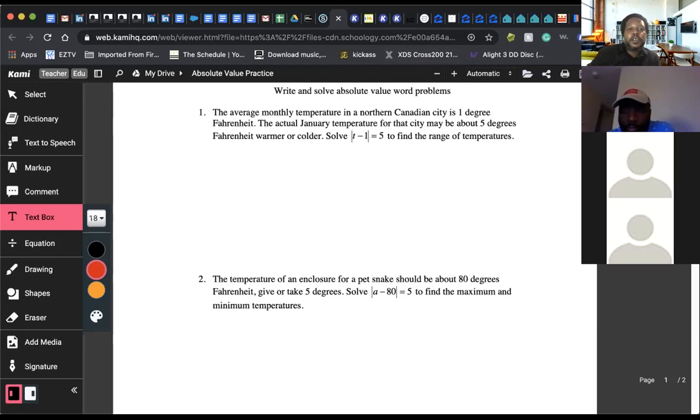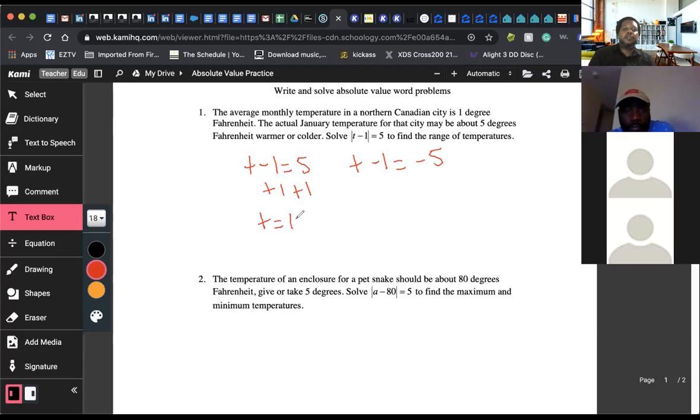All right, so we're going to solve it. We have |t - 1| = 5. So the absolute value is already isolated. So I just do t - 1 = 5 and t - 1 = -5 to figure out my range. And then I solve by adding 1 to both sides.